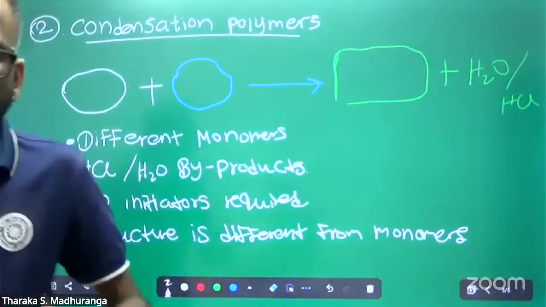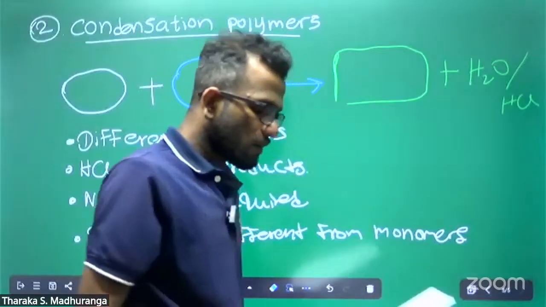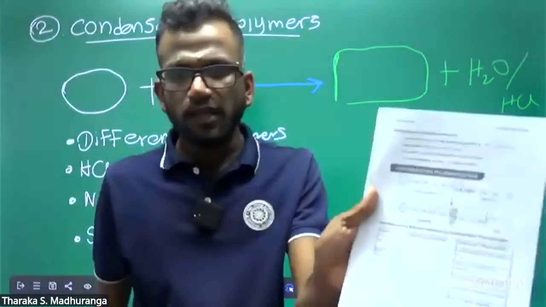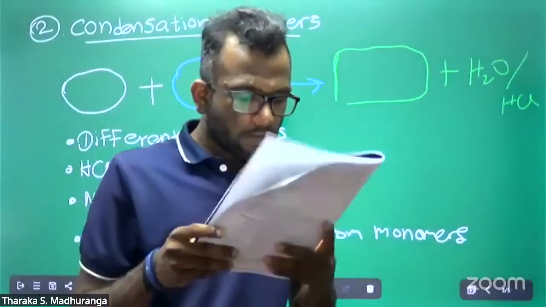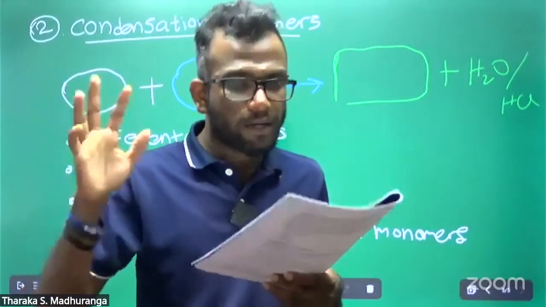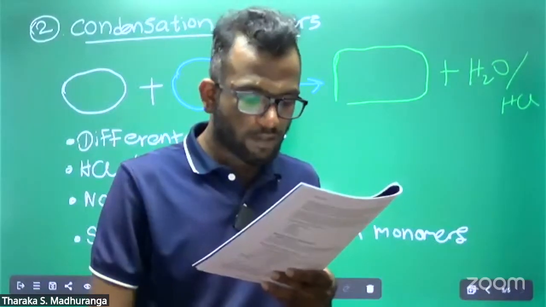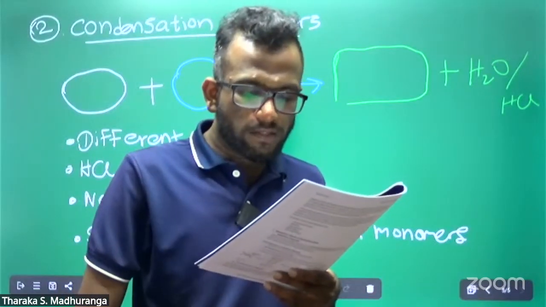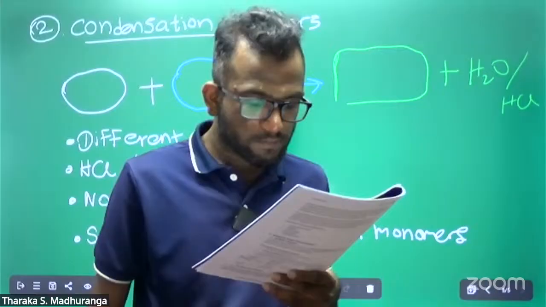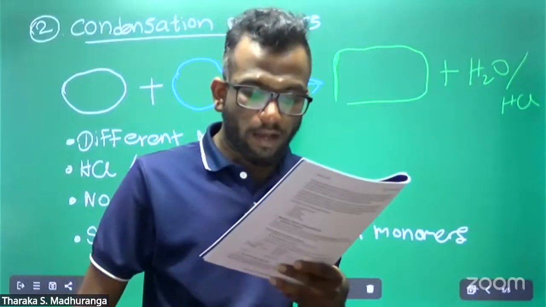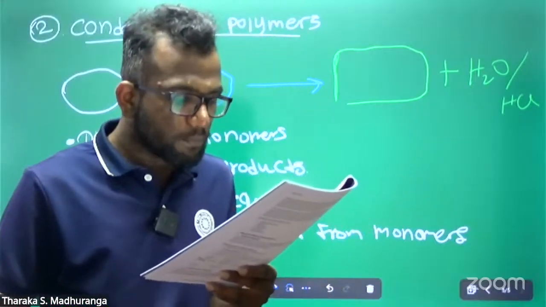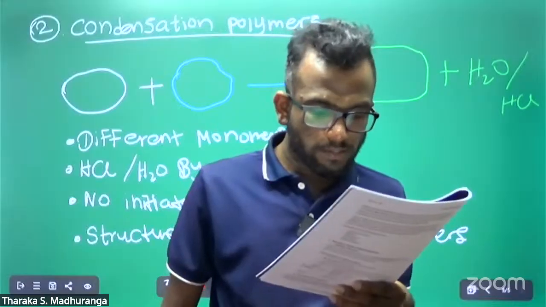Okay, to make it easy to understand, I have given a summary of the lesson in the tute. The type of monomer in addition polymer is unsaturated, with carbon double bonds. In condensation polymer, it has functional groups, as we already know from the biomolecule lesson, like carboxylic acid and amine groups. Byproduct formation: no byproduct in addition polymerization.